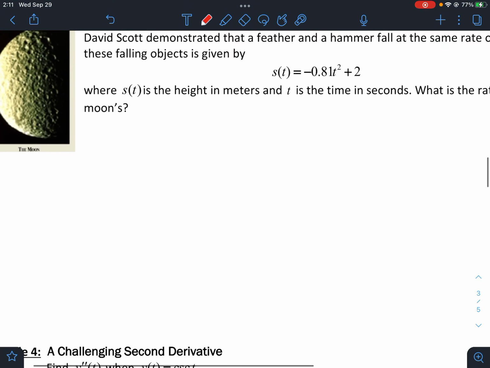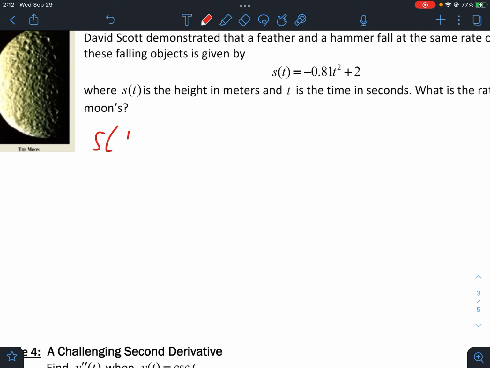Okay, so on Earth, we know that there's a position function out there that you probably have learned in your physics classes. The acceleration on Earth is negative 9.8 meters per second squared.